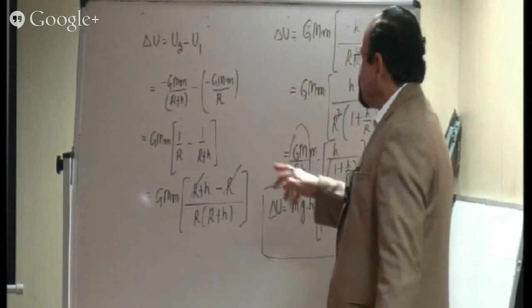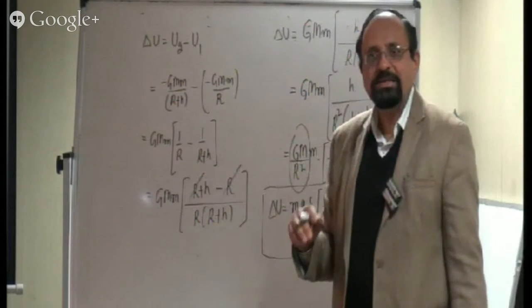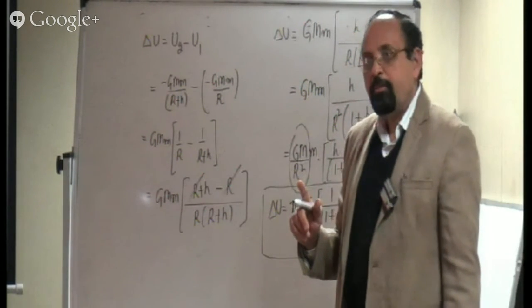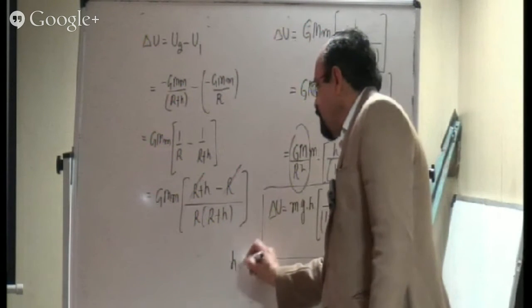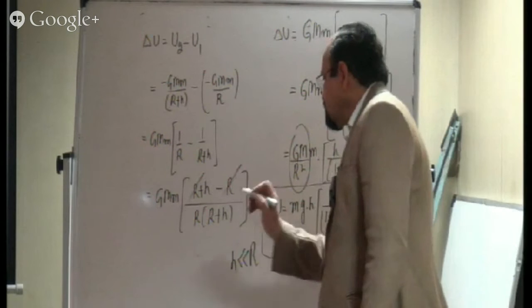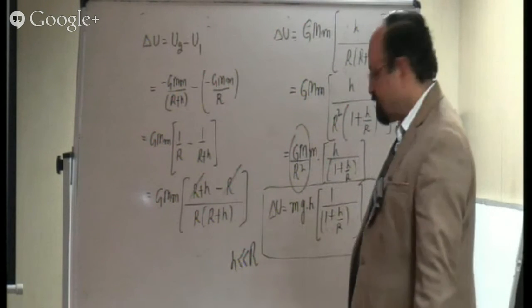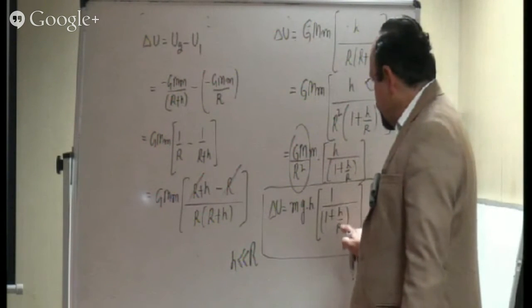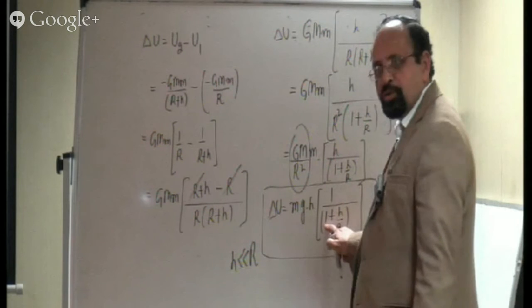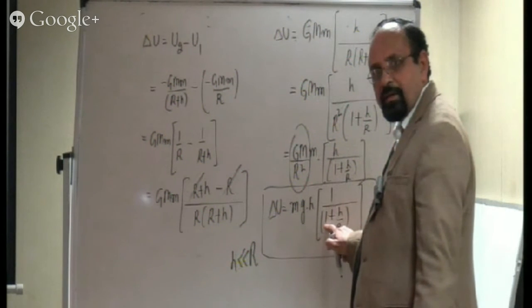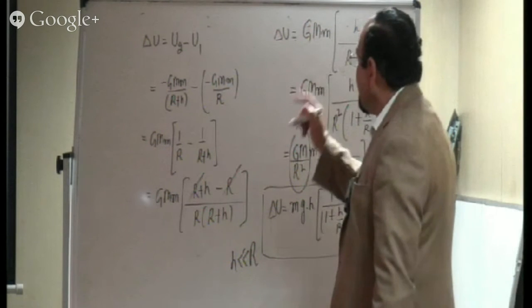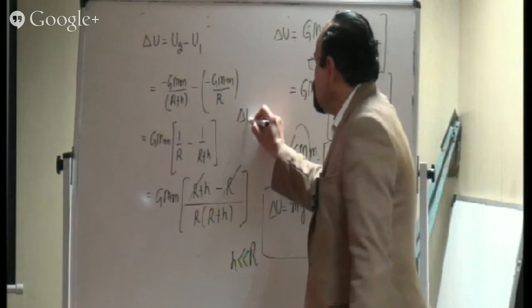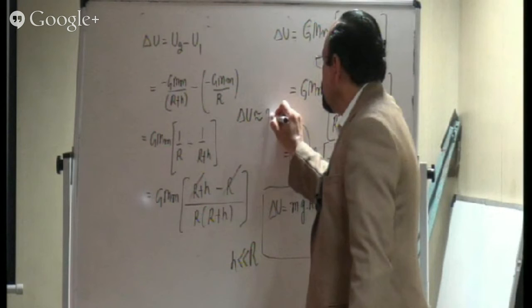One is on the surface of Earth, another is at the height h. But if you are sure that h is very, very small as compared to the radius of Earth, you can easily ignore this h by R in comparison to 1. So in this particular condition, I can write delta U very close to mgh.